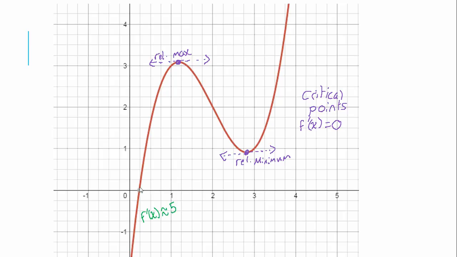And here we're getting less and less steep, then here, let's say the slope's maybe 2 or so, so f prime of x is equal to about 2, then all of a sudden, right here it's about 1, then 0, then, oh, look at that, we're going down now, so right here, f prime of x is probably about -2.